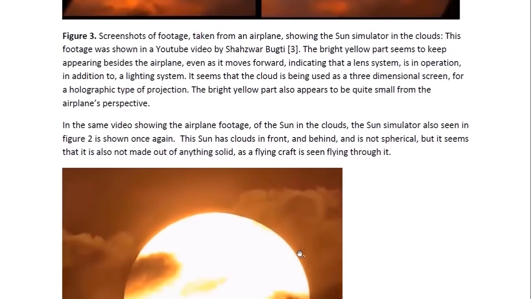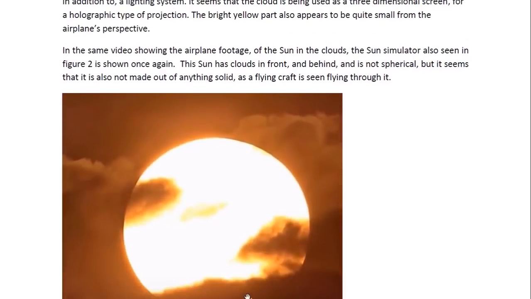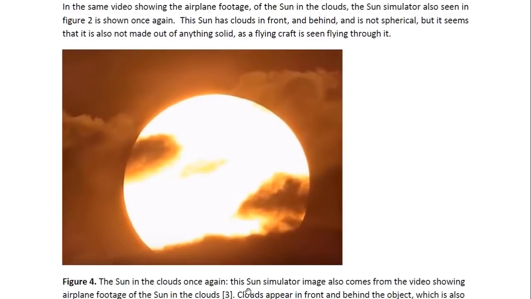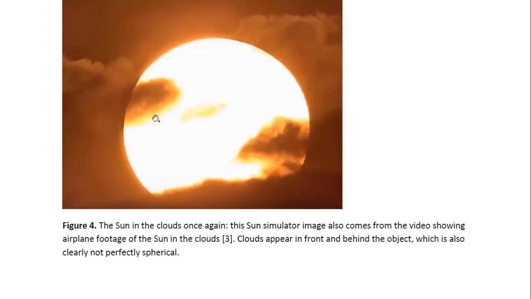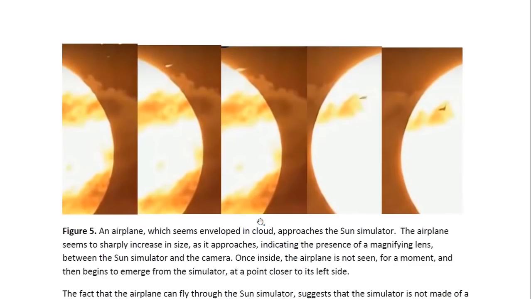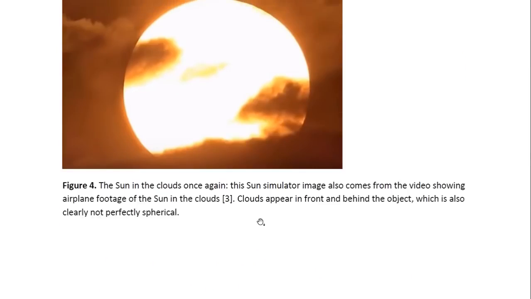So in order to be as large as it appears to be here in this image, we would have to have a magnifying lens system so that it looks much larger from the ground. And as you can see, this is the same one that I showed in figure 2 where we can see clouds in front of it and behind it. But it seems actually that this simulator is formed out of clouds.